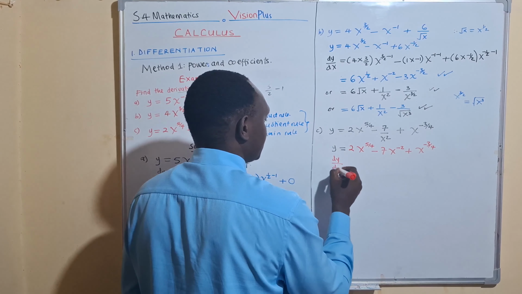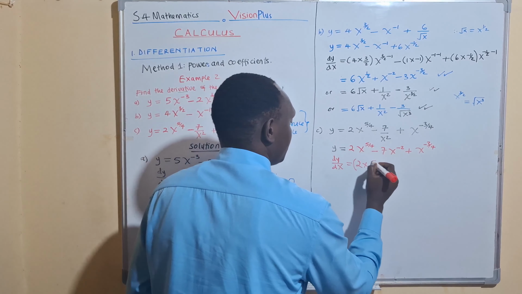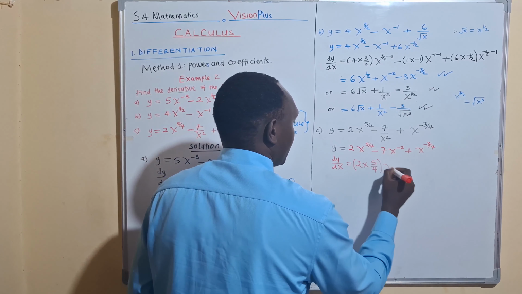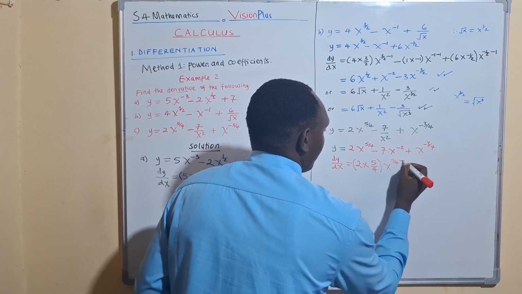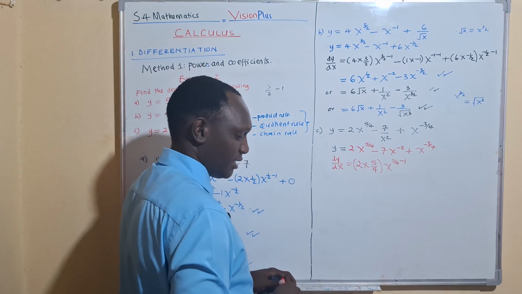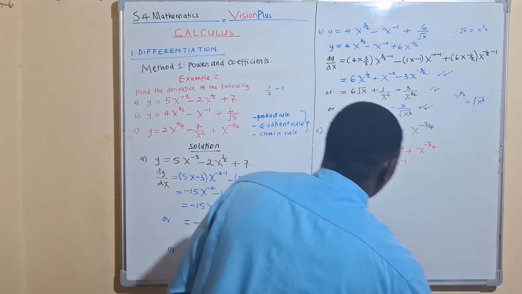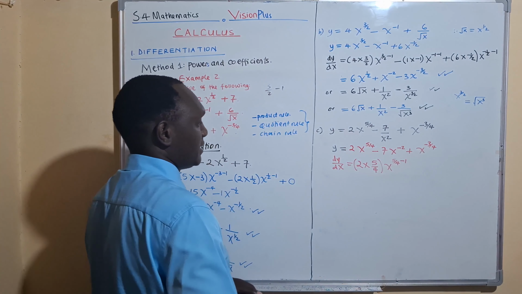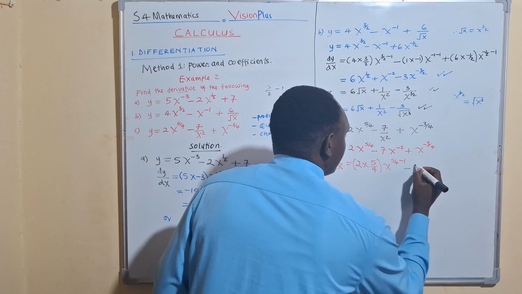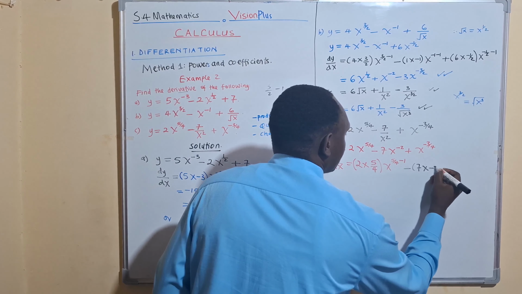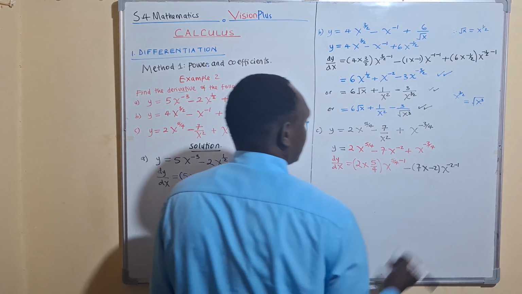So dy dx becomes 2 times 5 out of 4 x. Now we need a new power, which is 5 out of 4 minus 1. That means we have fully differentiated that term. Minus, the next term is 7 times negative 2 x, negative 2 subtract 1.